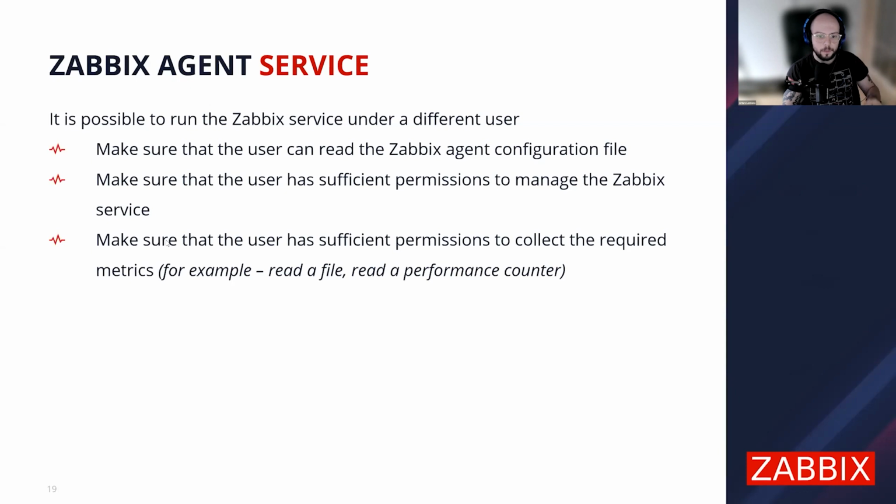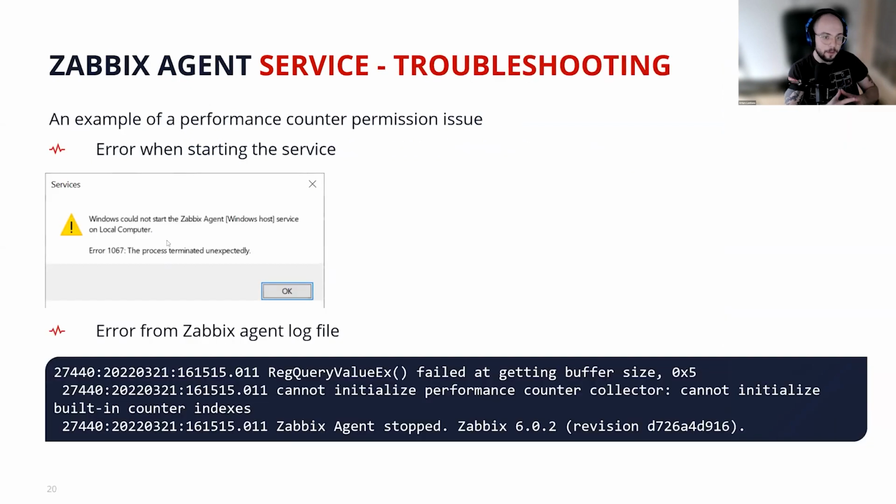Yeah, so let's take a look at some of the error messages, some troubleshooting. So let's say I'm trying to run Zabbix with a different user, and I did this with a guest user on Windows. When I tried starting it, I received this error message: could not start Zabbix agent, process terminated unexpectedly.